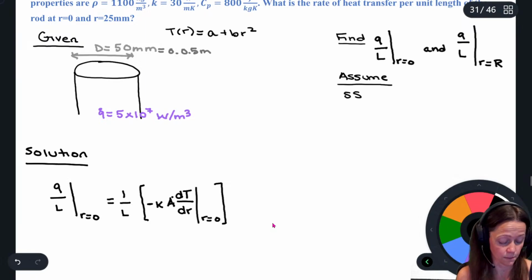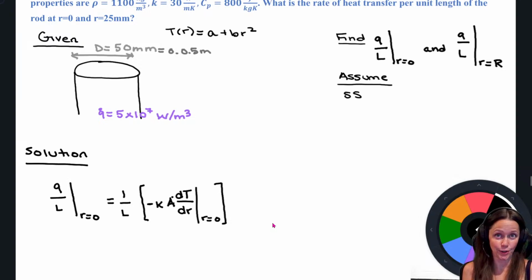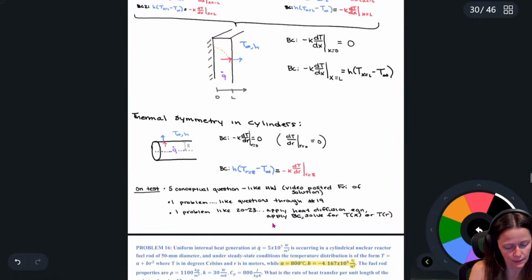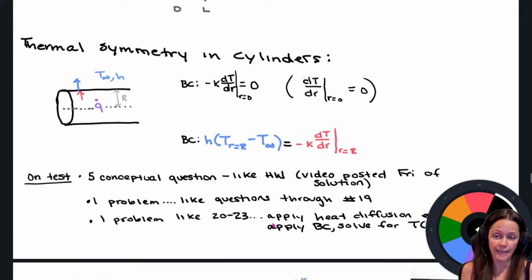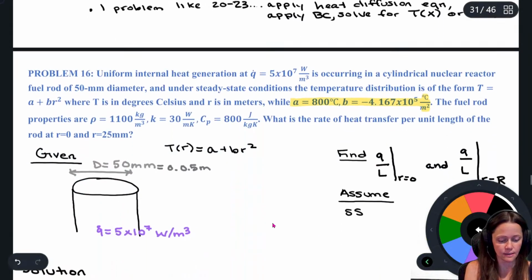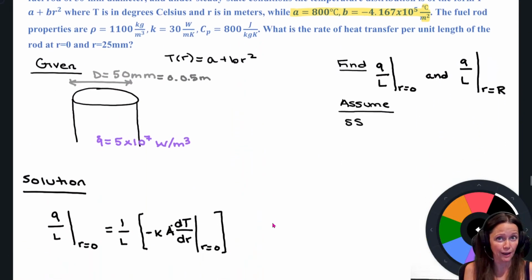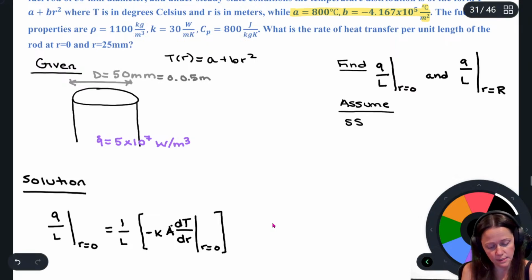I'm going to make a note here. This is exactly the scenario that we looked at just a hot second ago. So we could take advantage of thermal symmetry here because we do have a thermal symmetry. Now, I didn't define a convective boundary condition. However, I can see based on this temperature distribution that I do have thermal symmetry because for a given R, it doesn't matter.